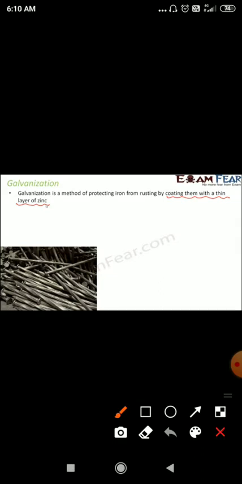You have to be clear that it is coating with a thin layer of zinc. This is one of the methods of protecting iron from rusting. What is that? Galvanization. And other things, painting, oiling, greasing, are also methods to prevent rusting.